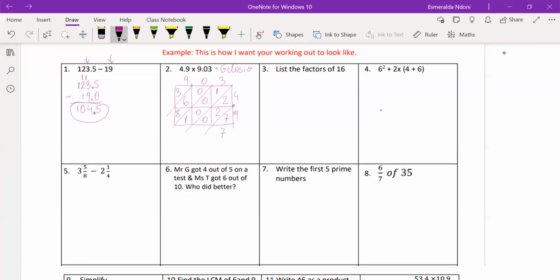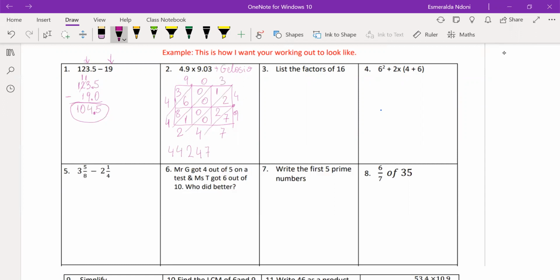Now we add them. 2 add 2 add 0 is a 4. 1 add 0 add 0 add 1 is a 2. Then we have into the next row, 8 add 6 is a 14. Carrying the 1, 4. So I get the digits now. 4, 4, 2, 4, 7.